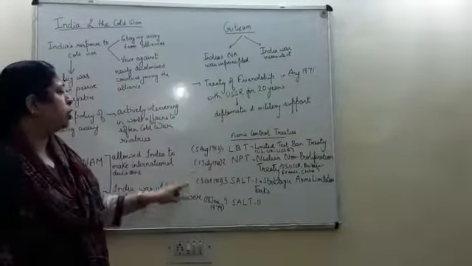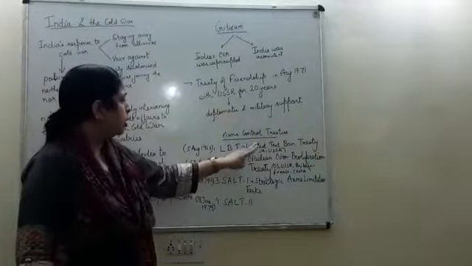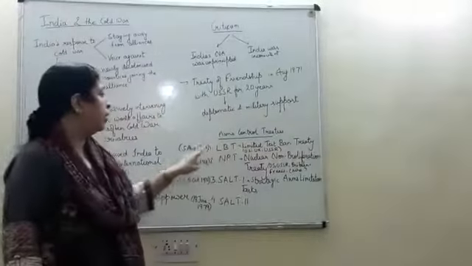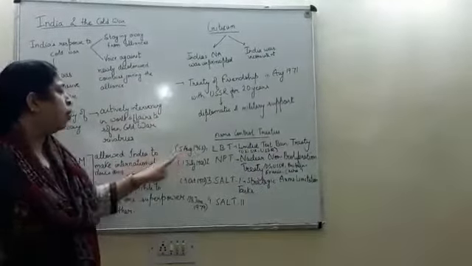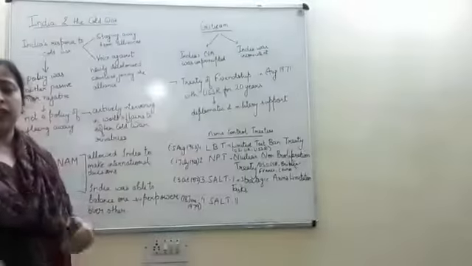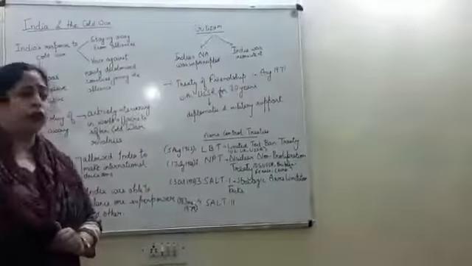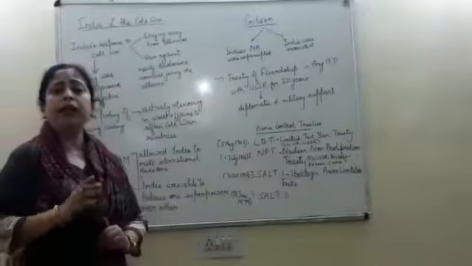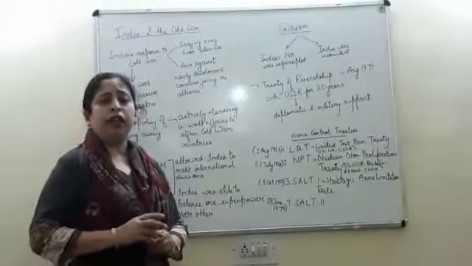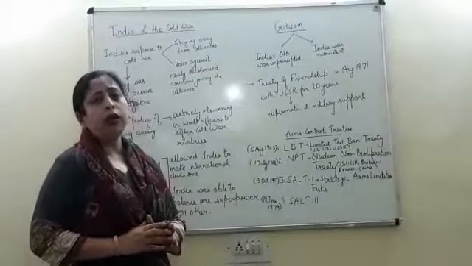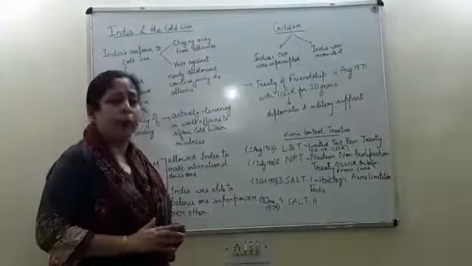This treaty was signed by the US, UK and USSR on 5th August 1963. It came into force a little later, but it was signed on 5th August 1963, and basically this treaty was to put a ban on the use of weapons.